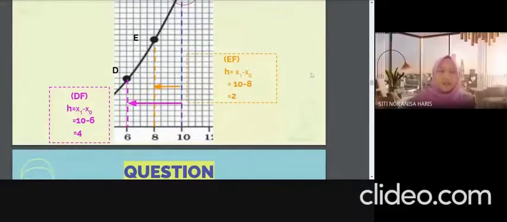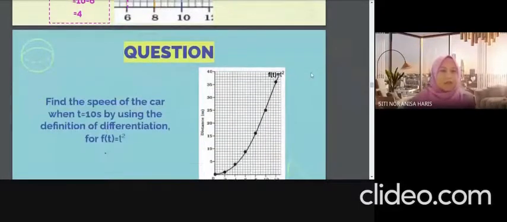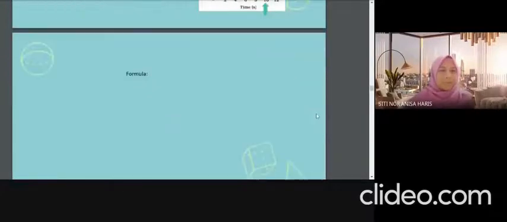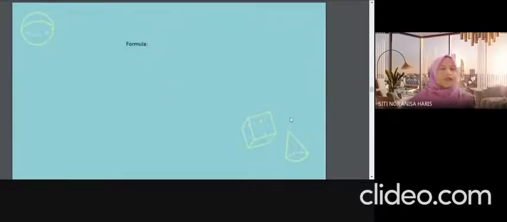So let's proceed with the question where we are going to apply the definition of differentiation. The question is: find the speed of the car when t is equal to 10 seconds by using the definition of differentiation for the function f of t equal to t squared. First of all, to keep us always on track, let's write the formula.